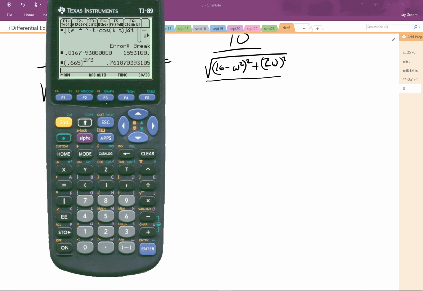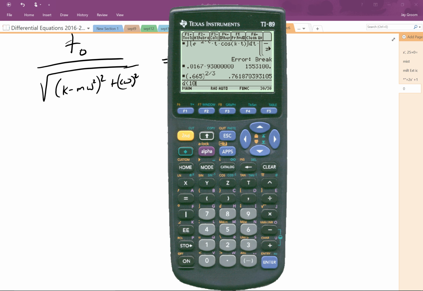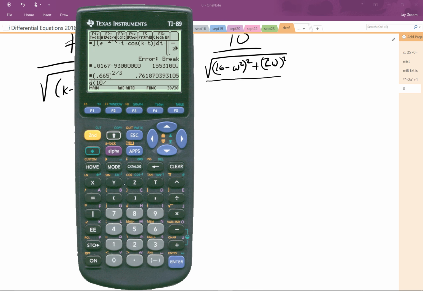Alright, so if I take the derivative, I'm just going to do the derivative of this. We can do it in general, but I think I want to do it this way for right now.